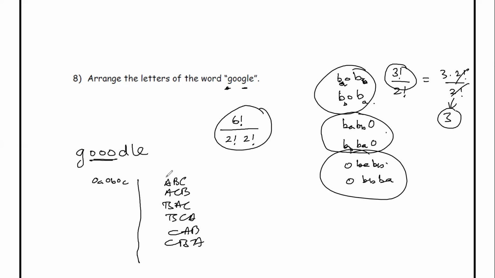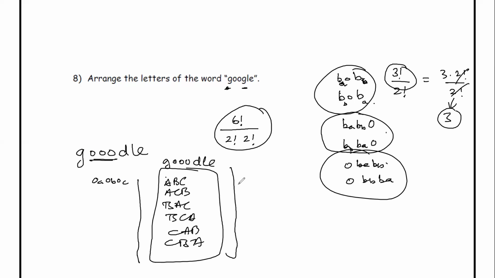Imagine these are all OAs, OBs, OCs, and OAs, OCs, OBs, and so on. These are all OOOs. So if you were to have Goodle together, you would have six Goodles. So the arrangement would actually be the number of letters, seven, divided by 3 factorial for the three O's, because all of these Goodles are one and the same thing. In order to avoid the repetition, we divide by 3 factorial.